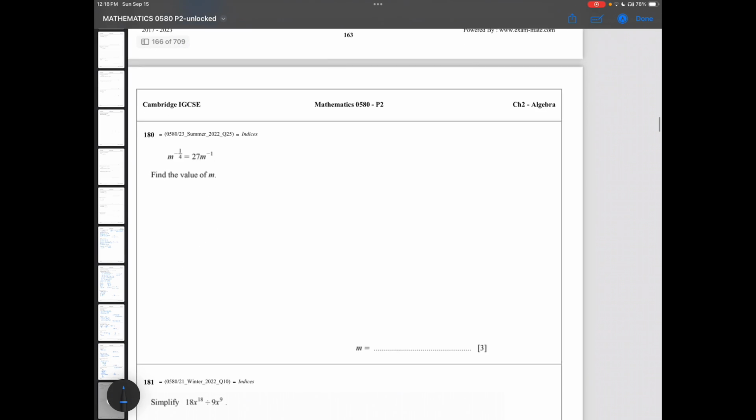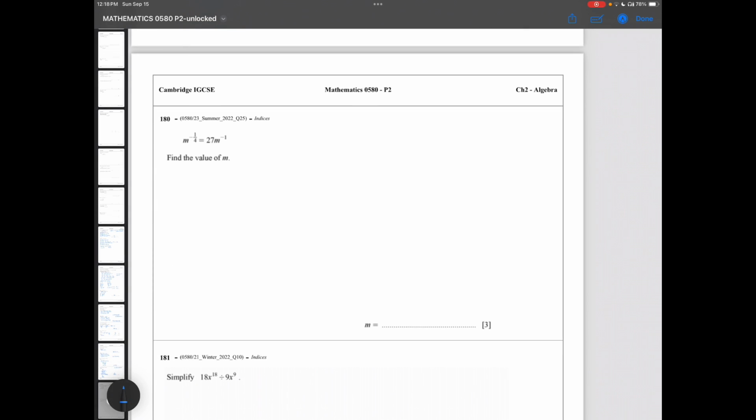Now question number 180. It says m to the power minus 1 upon 4 is equal to 27 m to the power minus 1.